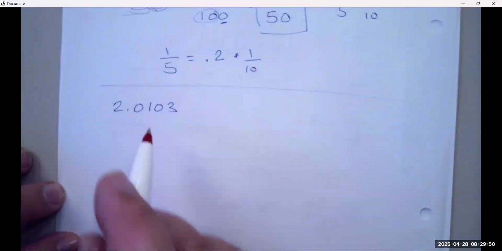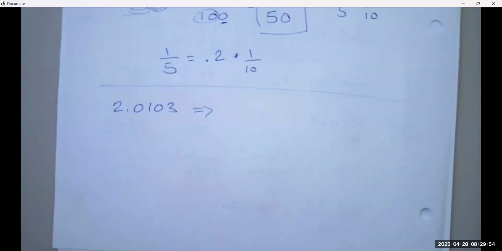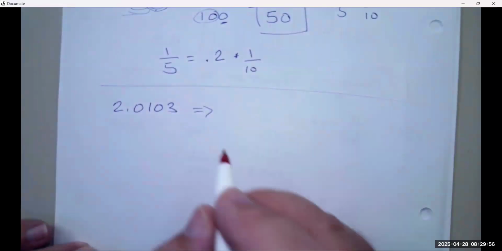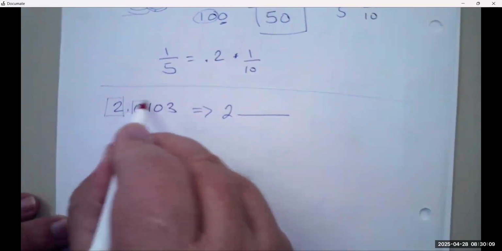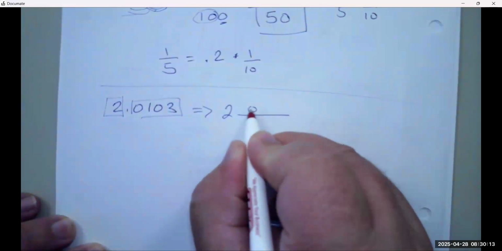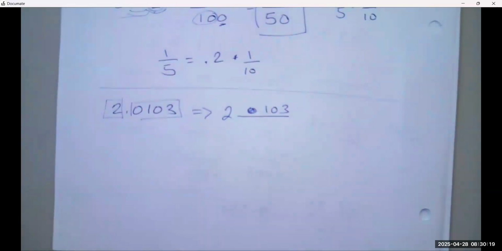Can we do the same thing here with this one? Do we do anything with the 2? Nope, it just stays there. It's not a decimal. Because the rest will be making into a mixed number. Yeah, because now we have this whole number here. It's in the thousands. Well, that's 10,000. 103. We could put a 0 in front of there, but you never want a leading 0.